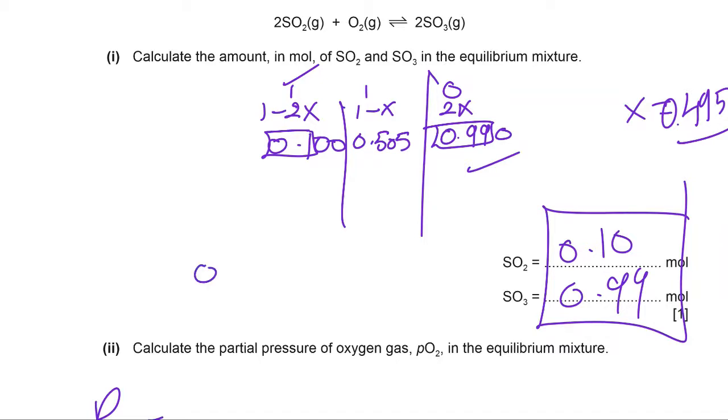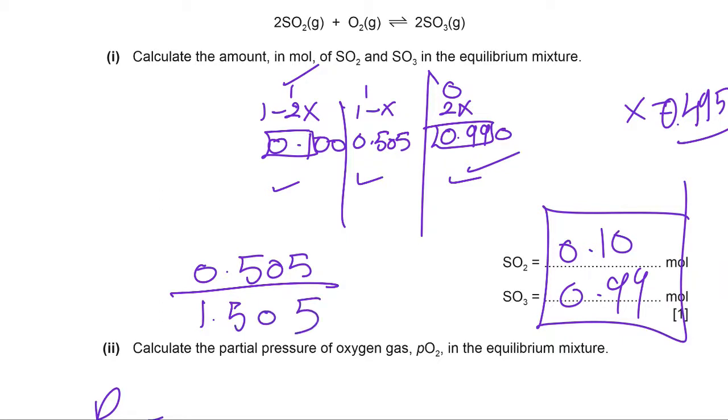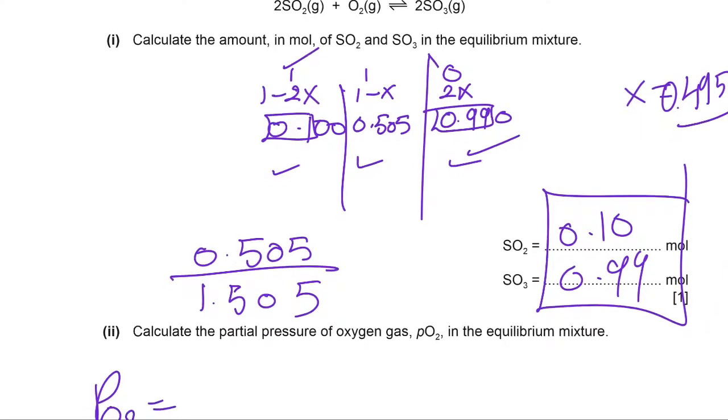So here you have 0.505 over this one plus this one plus this one, 1.595, and this will give us 0.335.